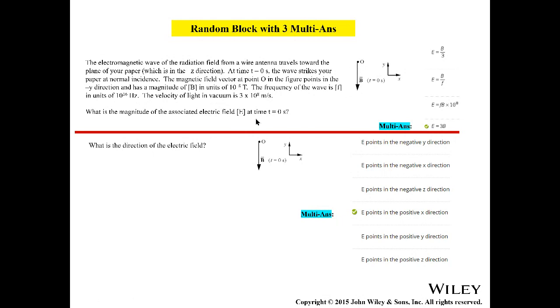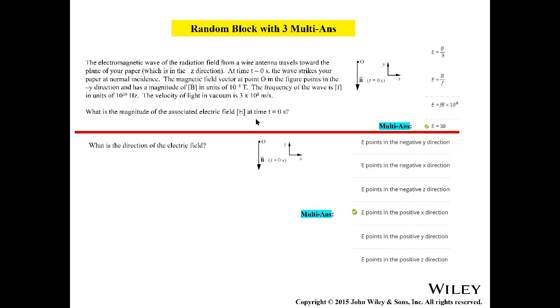When the electric field is maximum, the magnetic field is maximum. When the electric field is minimum, the B field is minimum. But they are always proportional to each other when going through vacuum. And the proportionality is c, the velocity of light in vacuum, the velocity of the electromagnetic wave in vacuum.